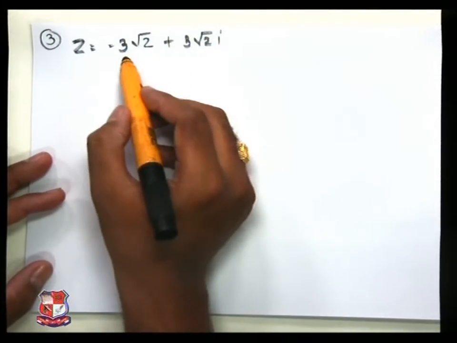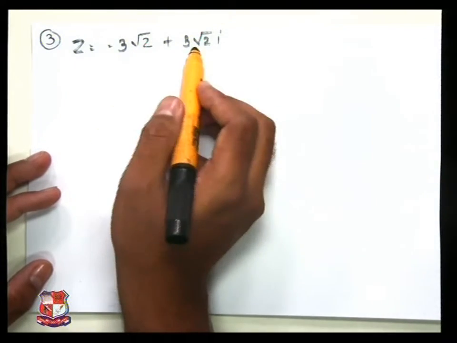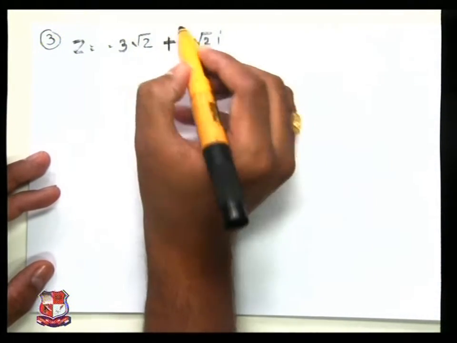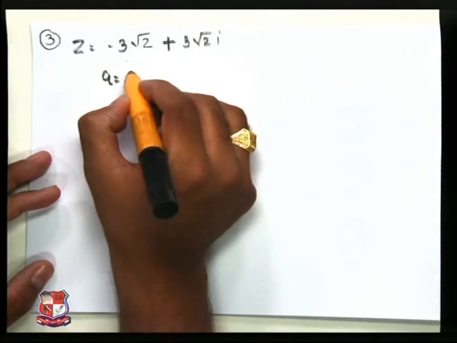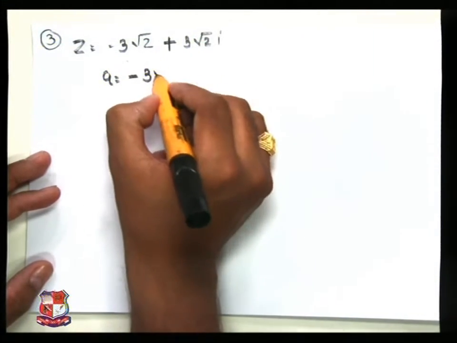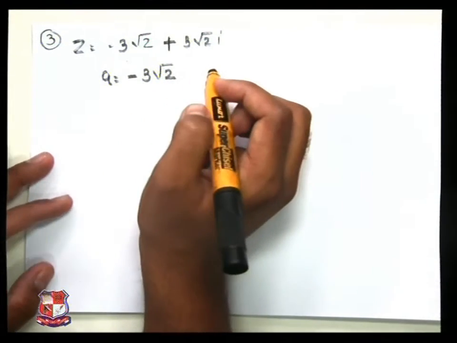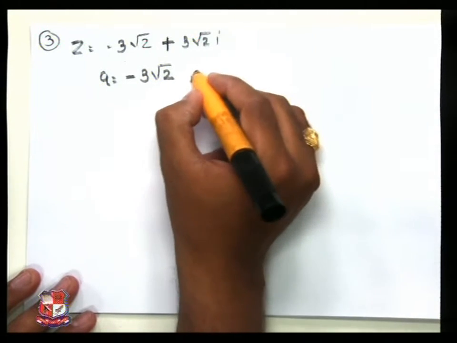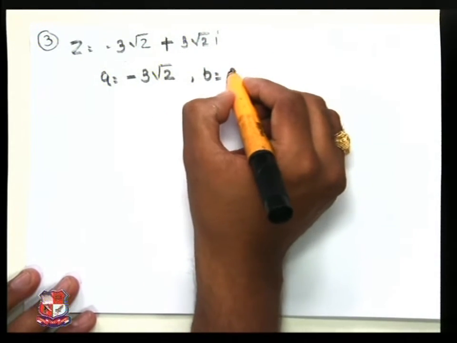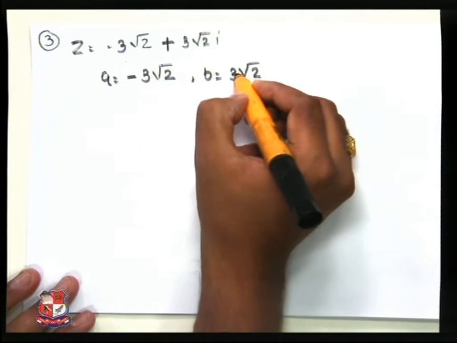Our value is directly in a plus bi form, but the a value is negative, that is minus 3 under root 2. We check a, that is negative, and our b value, that is 3 under root 2, is positive.